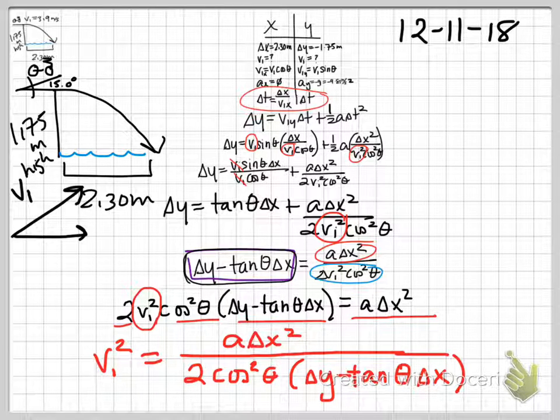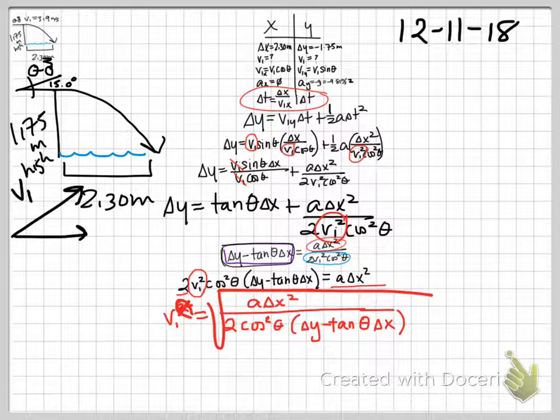That's a mouthful. Guess what? Take a square root, plug in some numbers, and you're done. That was easy. I'll just do that and then go ahead and plug in numbers.